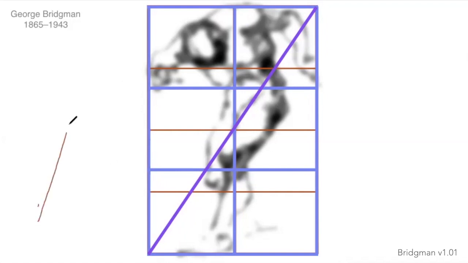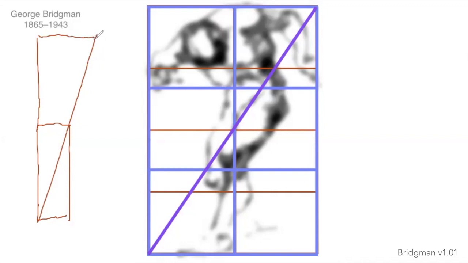If I start with a line like that and then run a vertical down and a vertical down and a horizontal across and a horizontal across, no matter where this goes, no matter how high you bring it up, if you stick with those right angle divisions, this will always be the same proportion rectangle. You do a little short one down there. They will always be the same aspect ratio.